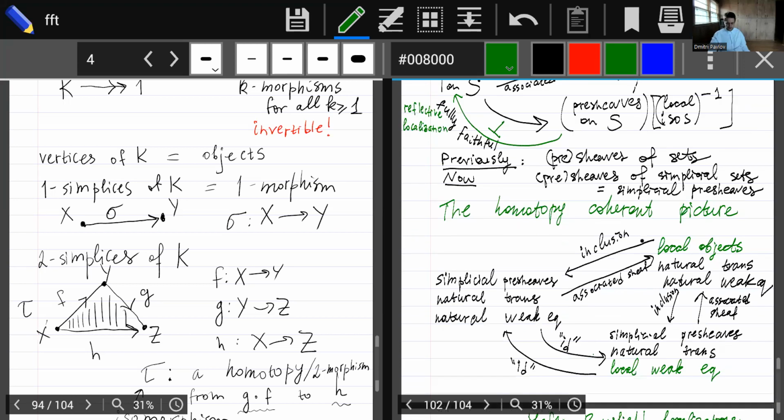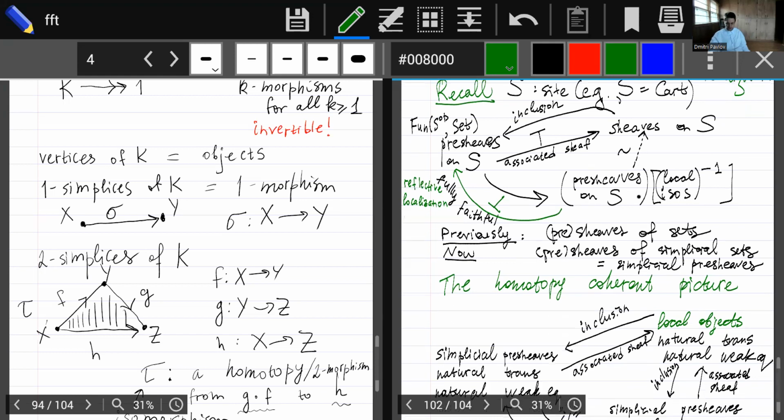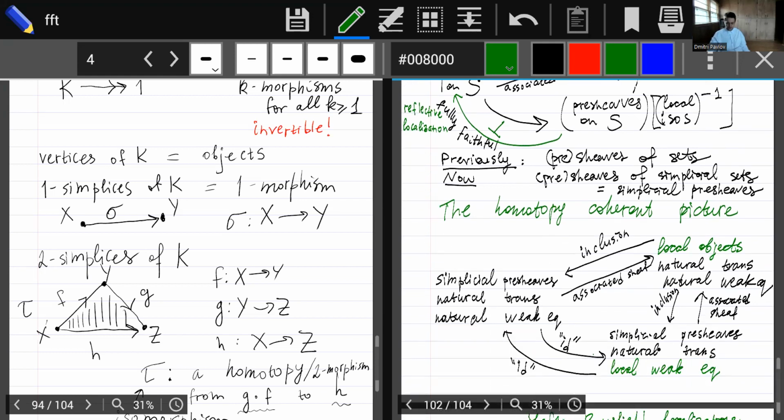And it turns out pretty much almost everything generalizes. Instead of a diagram of categories and functors between categories, the analog will be a diagram of relative categories and relative functors between relative categories.